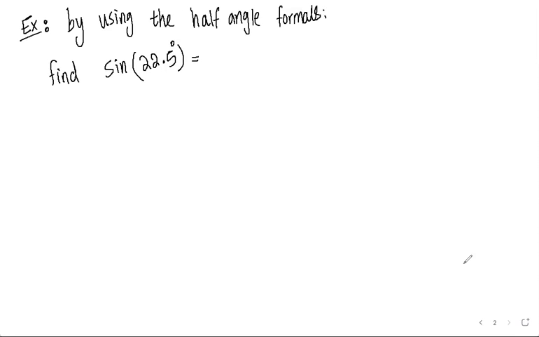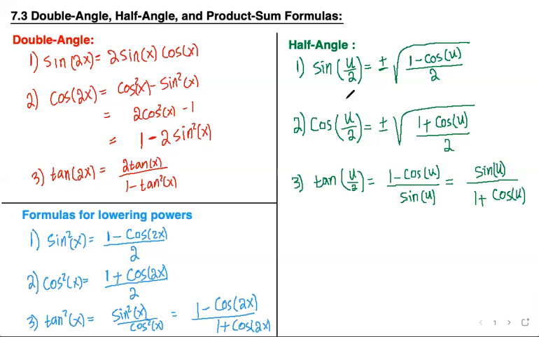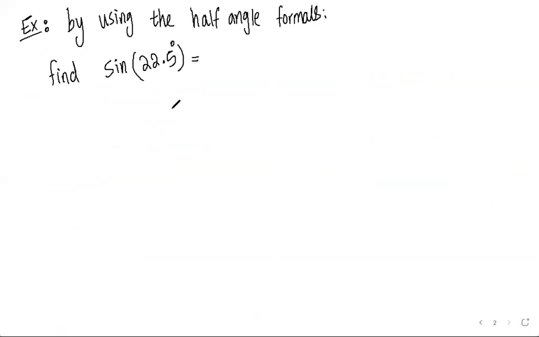How can I use the half angle formulas to find the value for sine of 22.5?